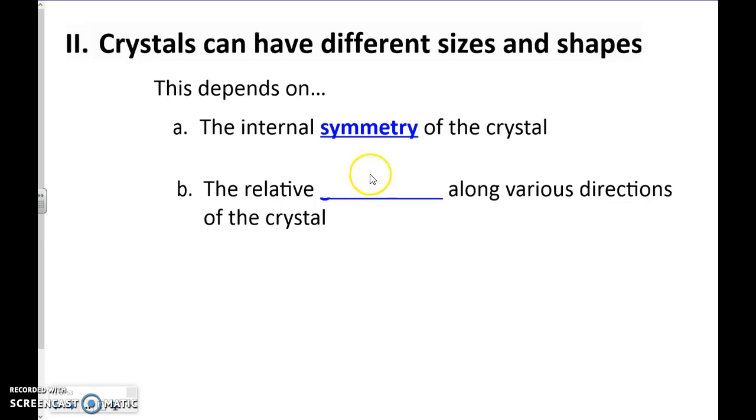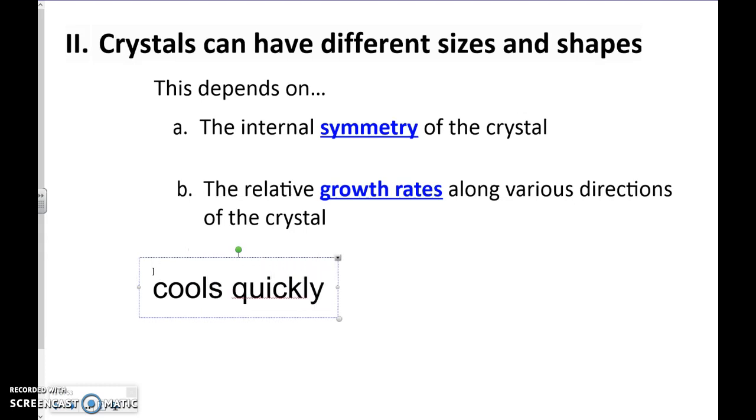Now, size of the crystal has to do with how quickly it can grow. If it cools quickly, that means it's going to be small grains.